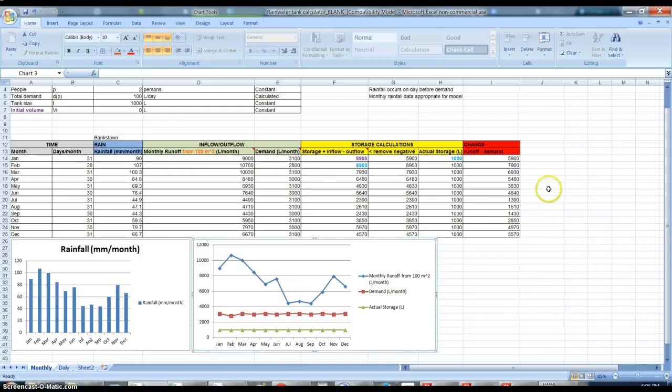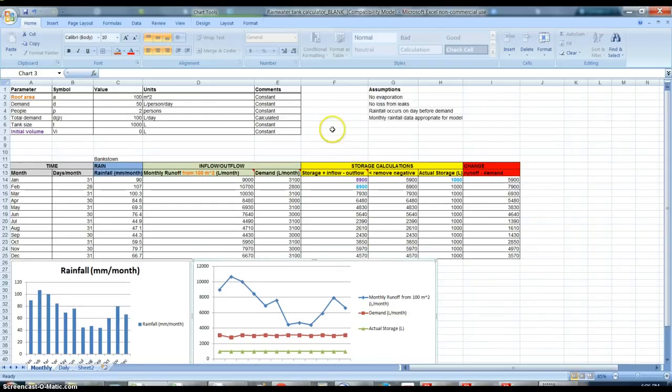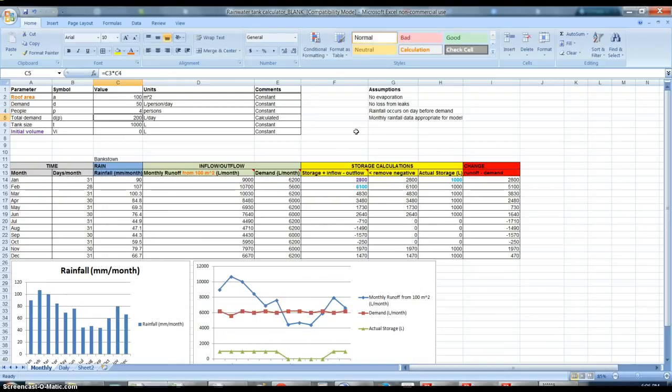Alright, so the reason I did this was because I wanted to have a look at how we could manipulate, for example, an increased demand. So let's just suppose we've got 2 extra people join the house, and then, oh, look at that.